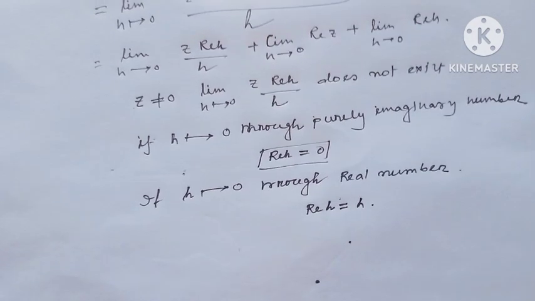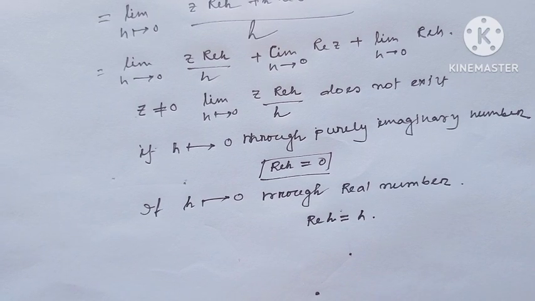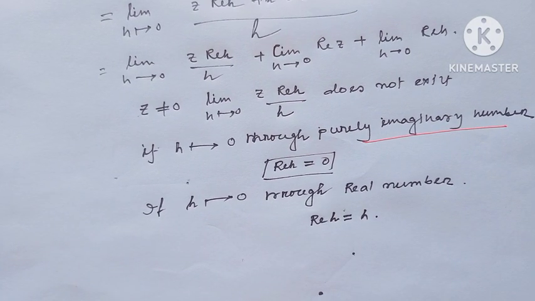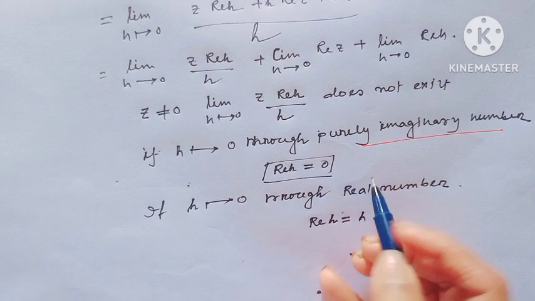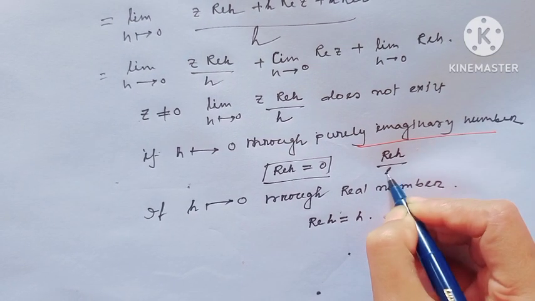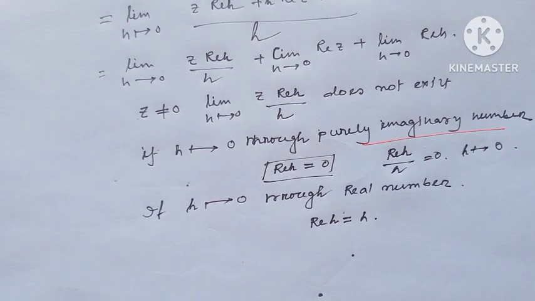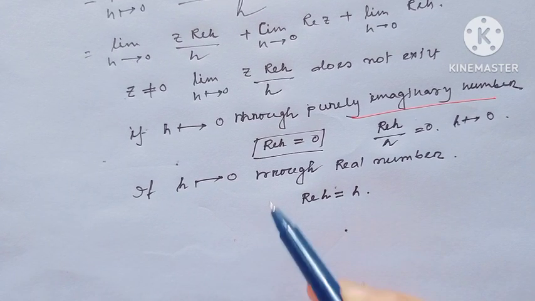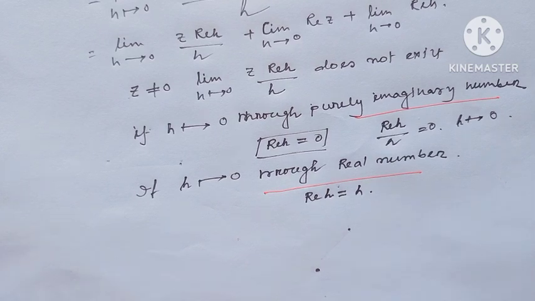Why does the limit not exist? Because h goes to 0 means h goes to 0 in different paths. If we consider h going to 0 through purely imaginary numbers, then obviously Re(h) is equal to 0, and so Re(h) over h equals 0 when h goes to 0. And when h goes to 0 through real numbers, then consider Re(h) equal to h.